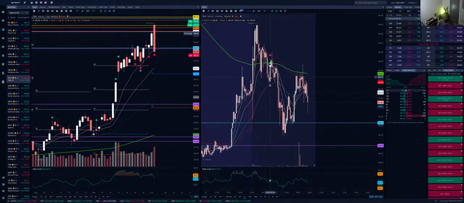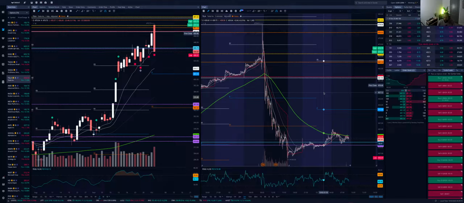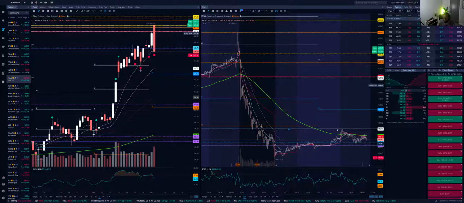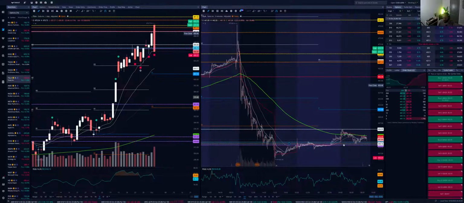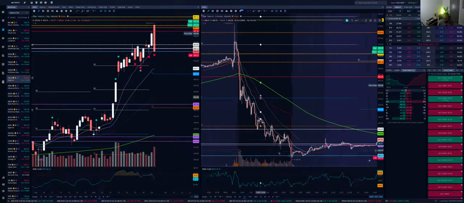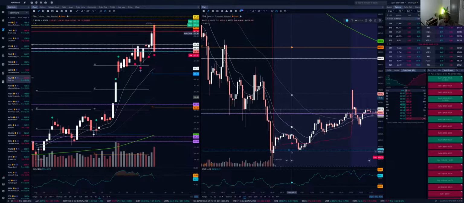Okay, so Tesla, we're gonna move some of these levels down. So pre-market high is right down here. Pre-market low, right there. This blue line, and as I mentioned, I've explained this plenty of times in terms of levels.